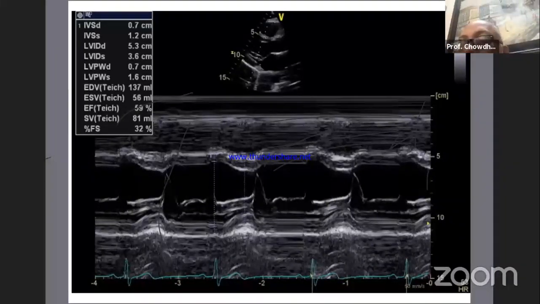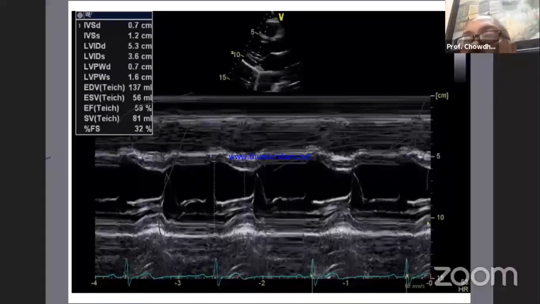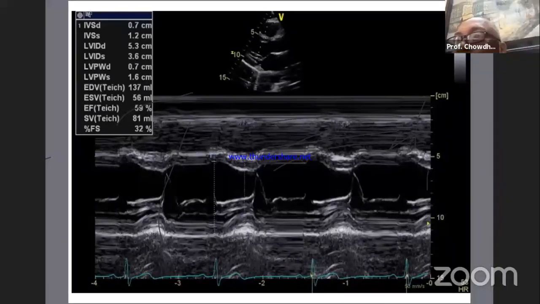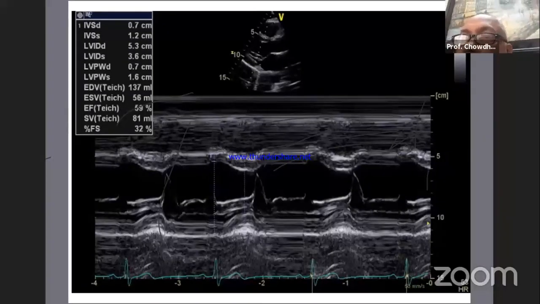Again, with the help of the ECG, we know the end diastole. We take a measurement at the end diastole from inner endocardium to inner endocardium of the septum and the posterior wall. And the similar thing is done for the systolic measurement.